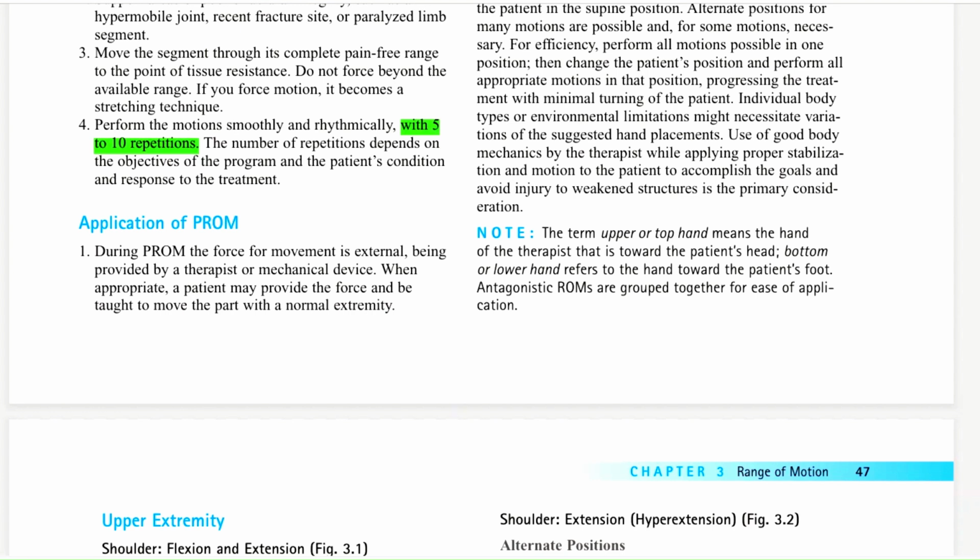Okay, for efficiency, perform all possible motions in one position. Then after that you can switch to another position according to the patient's needs. Then change the patient position to minimize unnecessary movement.